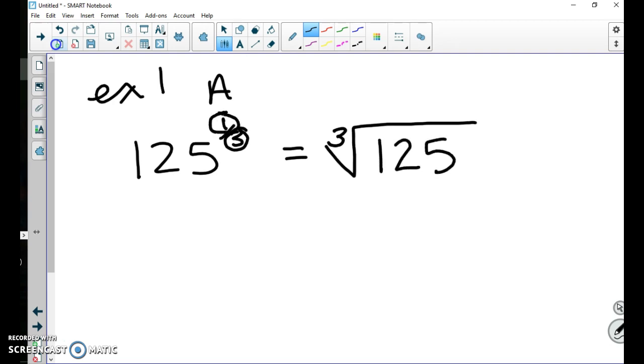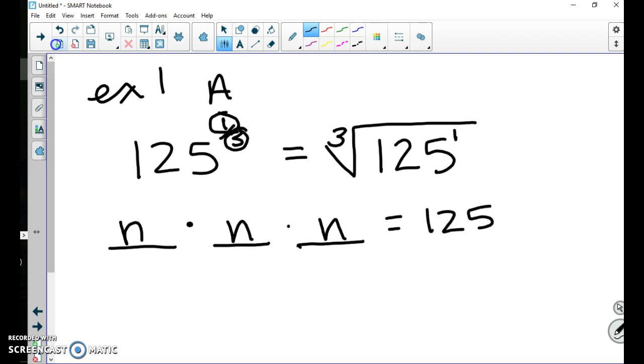The 1 is the power of the base underneath. We're saying this, what number times itself 3 times will equal 125. Notice I didn't say any 3 numbers, I said the same number.